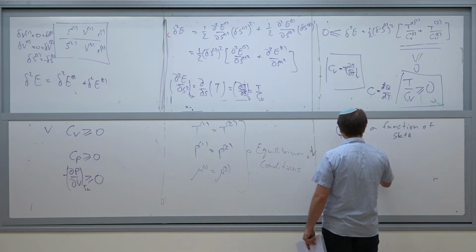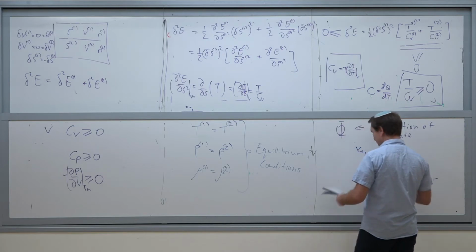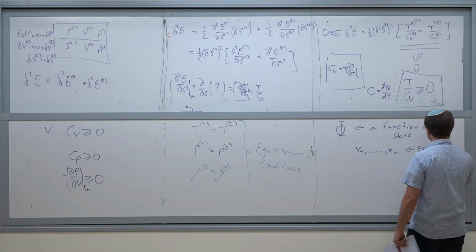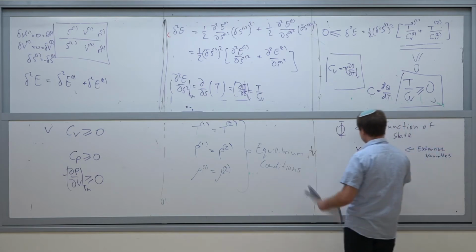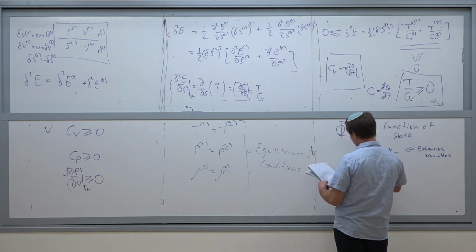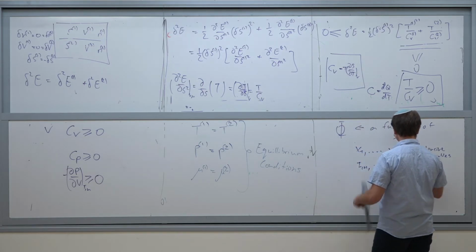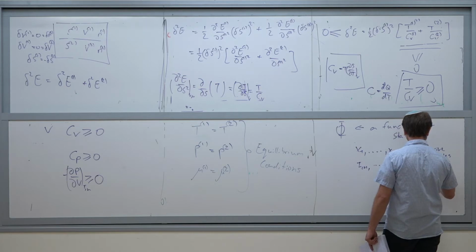And x1 to xr are extensive variables, and r plus 1 to n are intensive variables.